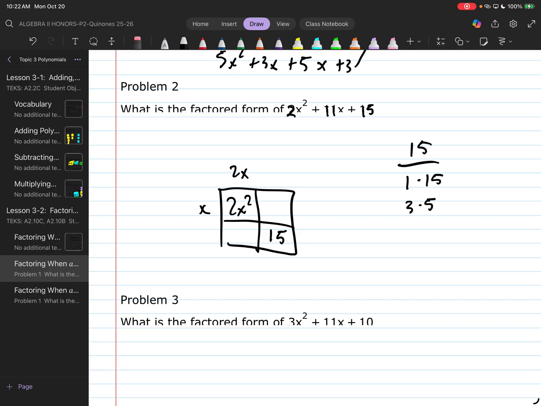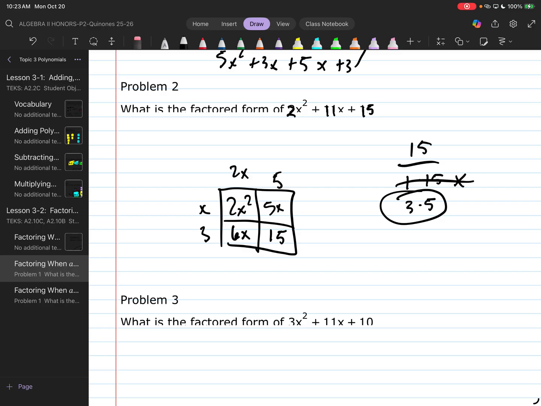In this case, I don't think that 15 is a right option, 1 and 15. I feel like that would give me too big of a number. But let me try 3 and 5, okay? Let me try 3 here and 5 here. I end up with 5x and 6x here.